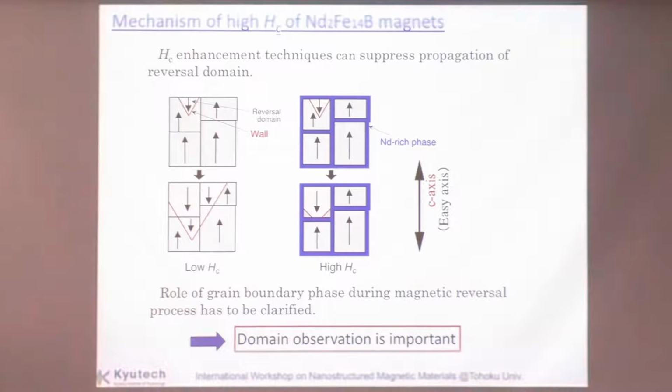So, to enhance the coercivity of the neodymium iron boron magnet, the role of the grain boundary phase during the magnetization reversal process has to be clarified. So domain observation is very important to obtain a high coercivity magnet.